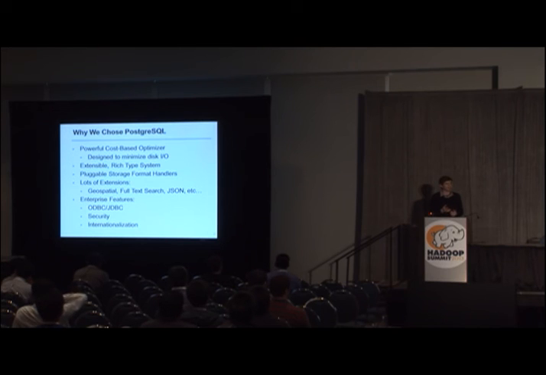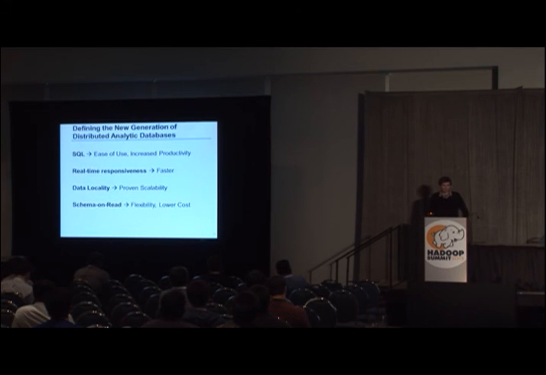These include PostGIS, which is their geospatial extension, a full text search extension, and support for JSON. Also, and this is particularly significant to enterprise customers, thanks to Postgres we're able to support a lot of enterprise features like ODBC and JDBC connectivity, internationalization, and security and administration functionality. So thanks to the work that's already been done by the community, we're able to provide all of these features that people really expect to have available when you say the word database.